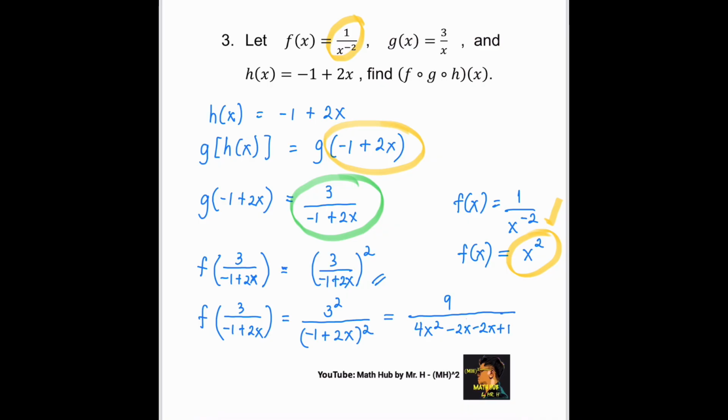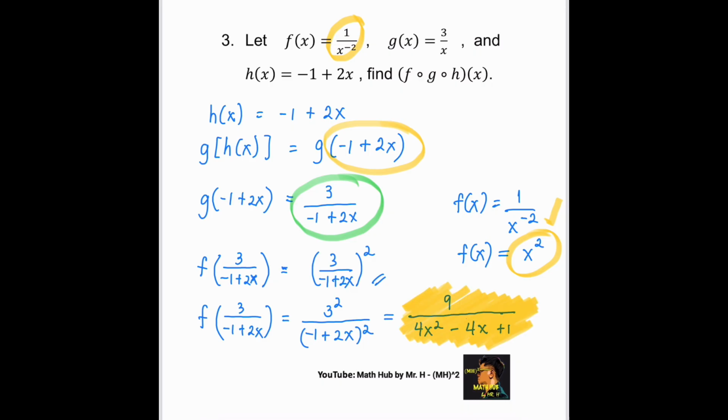As you can see, for the denominator, you have these terms which can be combined. So negative 2x minus 2x is negative 4x. So we can replace that. So this is the final answer.